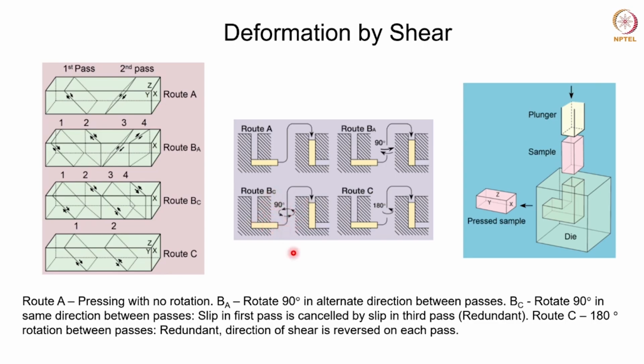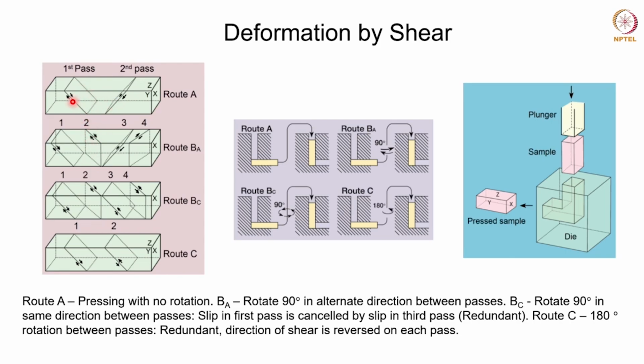And then you have route C, which involves 180 degree rotation between passes. That is again shown in this diagram with the help of an element. A small element is shown as to how it deforms as the workpiece is rotated between the passes.